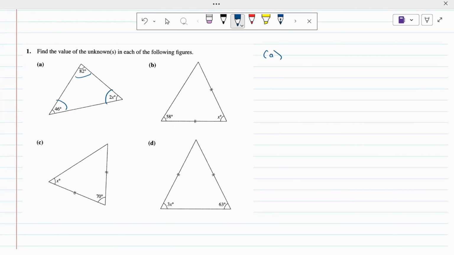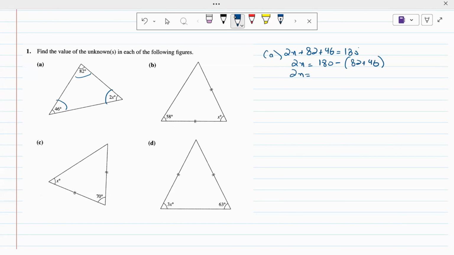So we can make the equation 2x plus 82 plus 46 is equal to 180. And then 2x is equal to 180 minus 82 and 46.